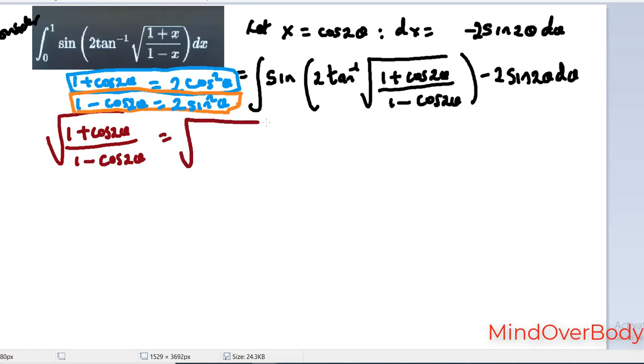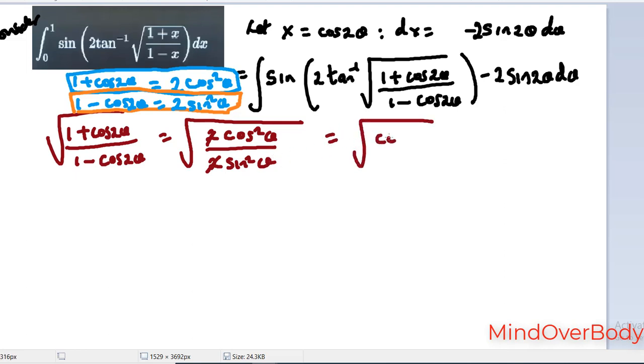So this is equal to the square root of 1 positive cos 2 theta, which is 2 times cos square theta, divided by 2 times sine square theta. So the 2 and the 2 get cancelled, giving me the root of cos square theta over sine square theta, which is cot square theta. There is a square root there, so this is going to be cot theta. So in place of this, I would be utilizing cot theta. So let me go back to the question.